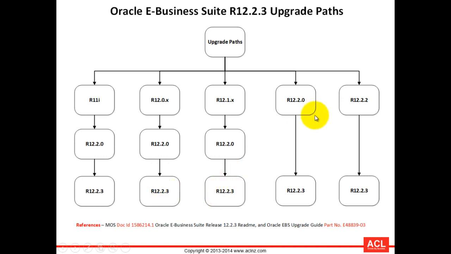But if you are already on release 12.2.0, which is a recently released version, then you can directly jump on and upgrade to release 12.2.3. In the same way, if you are on 12.2.2, then you can again directly jump on release 12.2.3. As far as this particular movie is concerned, let's understand the process of upgrading from release 12.2.2 to release 12.2.3.